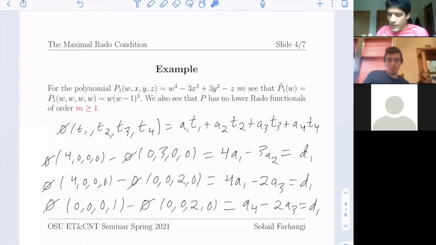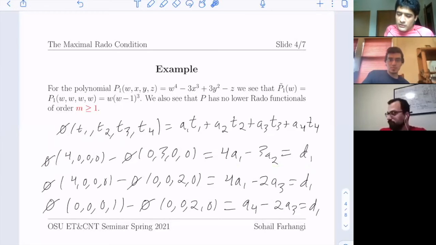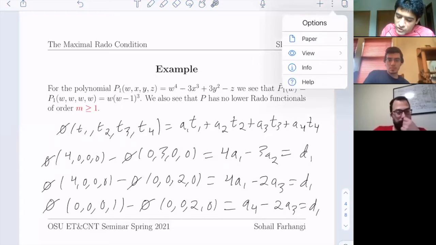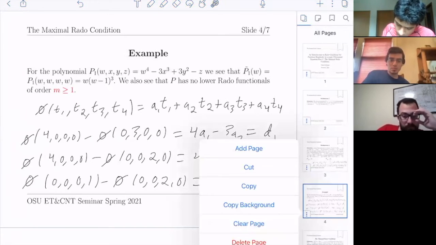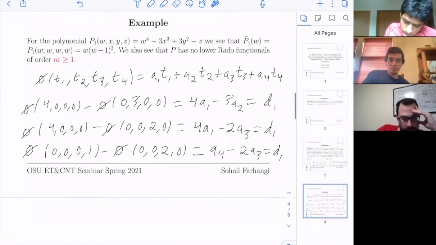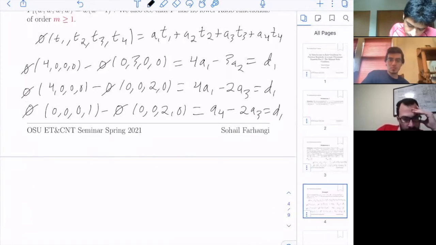Sorry. Okay. So now, if we consider any of these equations, we can use the nonlinear Rado theorem to start with.